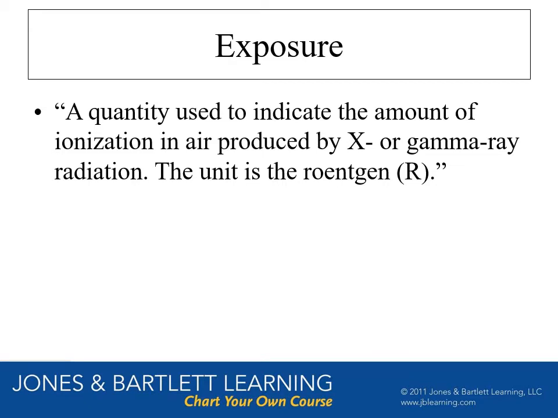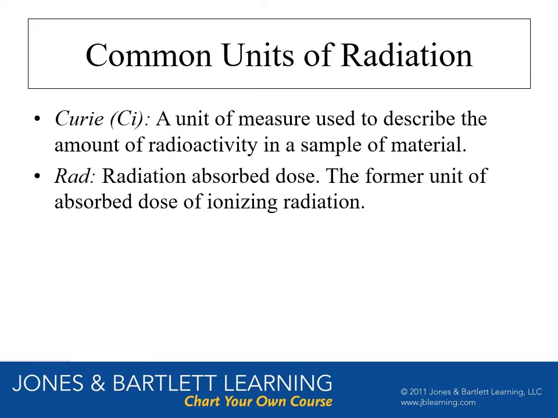Exposure is indicated by the quantity of ionizing radiation in the air produced by an X-ray or a gamma ray. The unit is the Roentgen. There are other units commonly used, curies or rads.